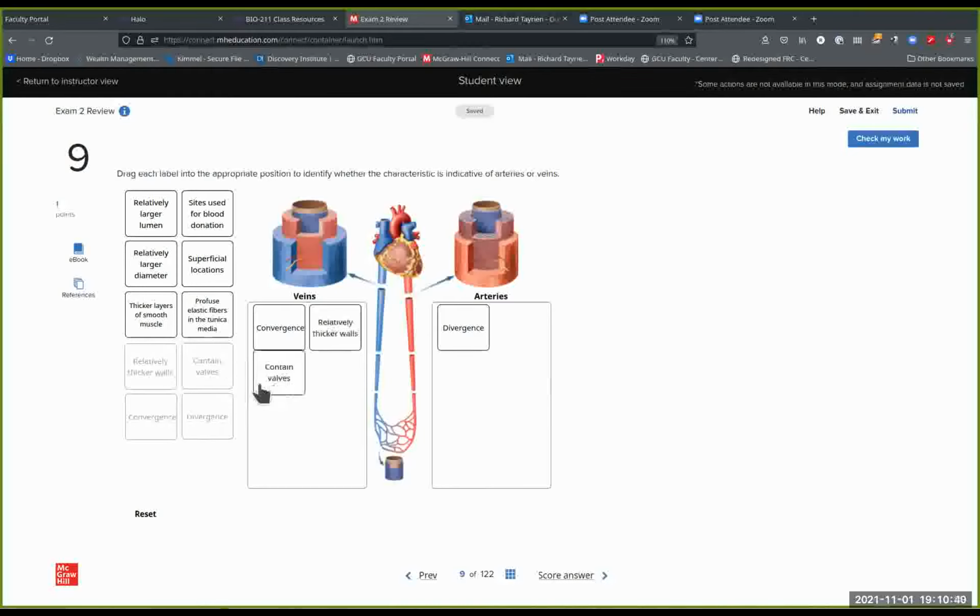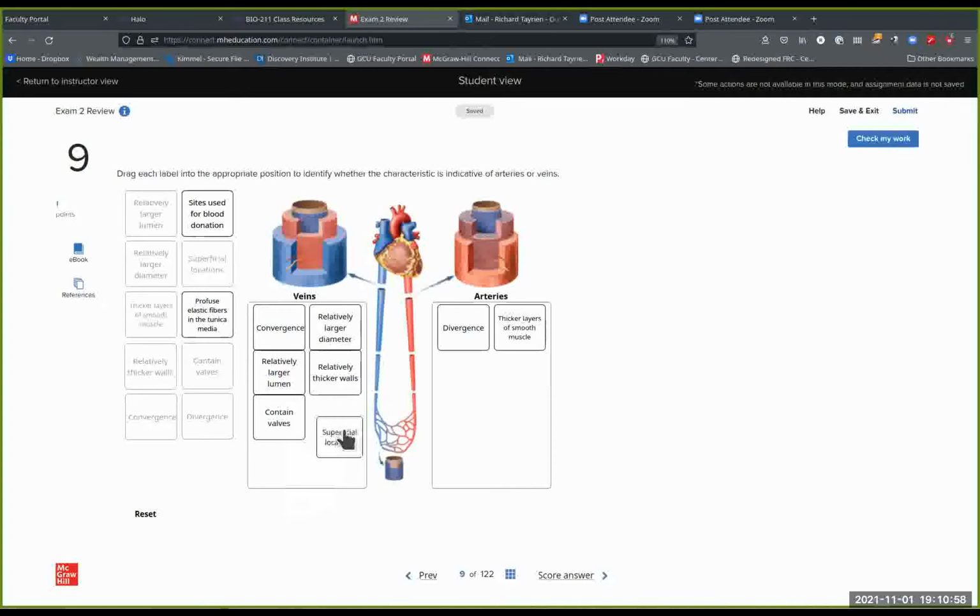Veins have relatively thin walls, thicker layers of smooth muscle in the arteries, relatively larger diameter in veins, relatively larger lumen, that's veins, superficial location is veins, profuse elastic fibers in arteries, sites used for blood donation.